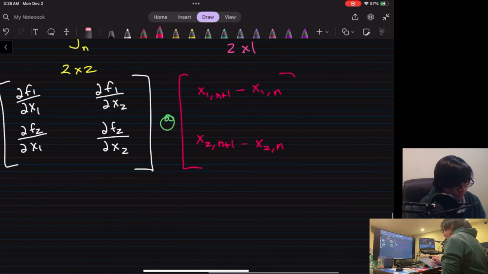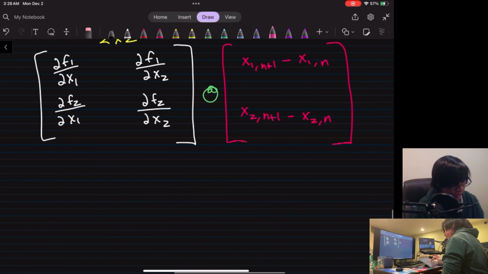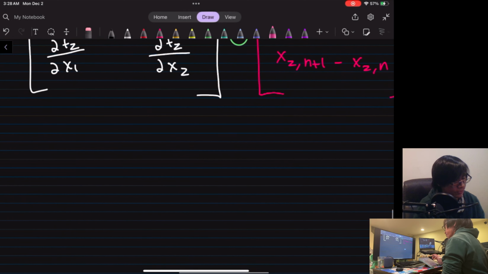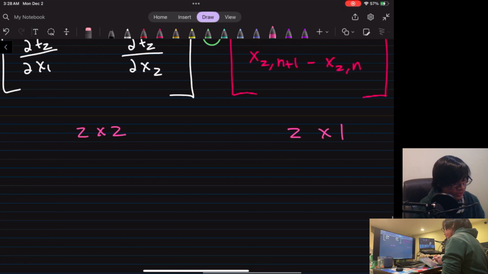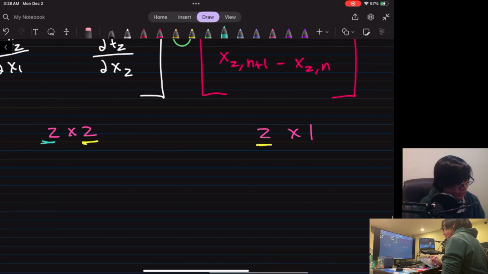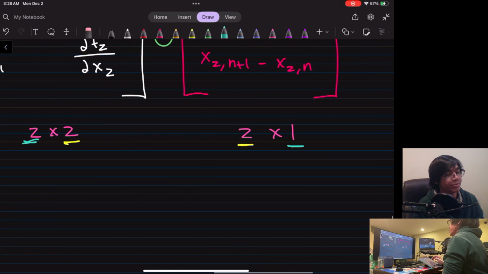You remember with matrix multiplying, it follows the form of a dot product. If we have a 2 by 2 times a 2 by 1, we know this can work since the inner dimensions match, and we'll end up with a 2 by 1 judging from the outer bounds.